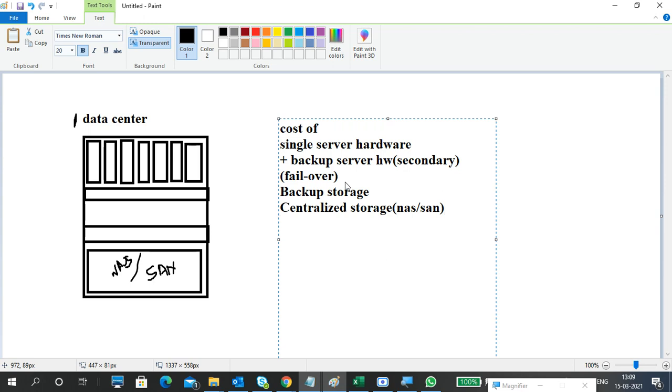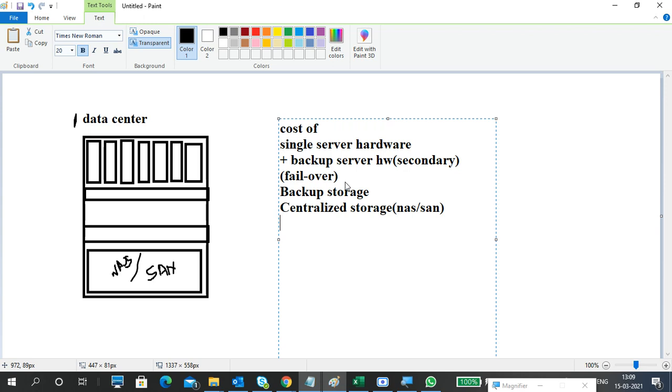These are additional. My primary requirement is one server, but one server is not enough. Understand, one server is not enough. I need a secondary server for failover, and I need a backup storage location in case data may be lost. I want to keep the data in a single place, not in separate servers.